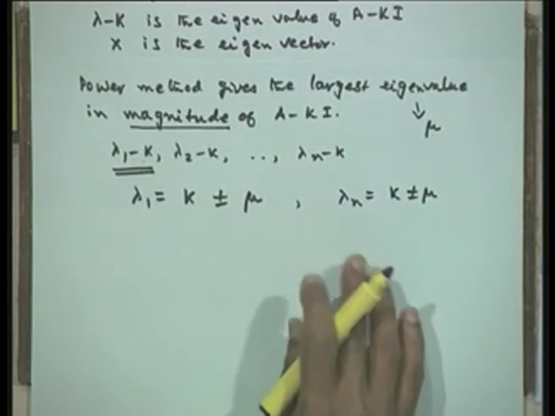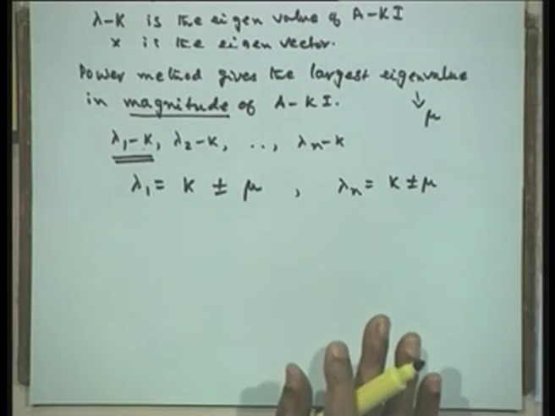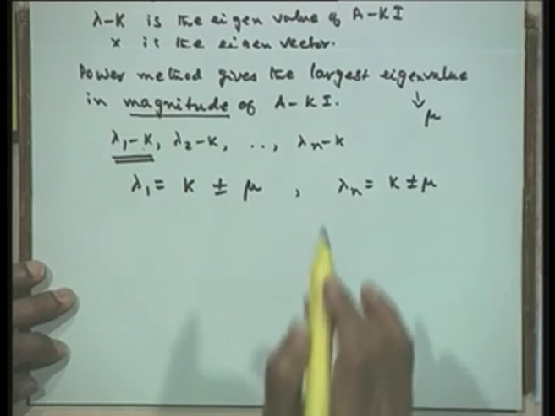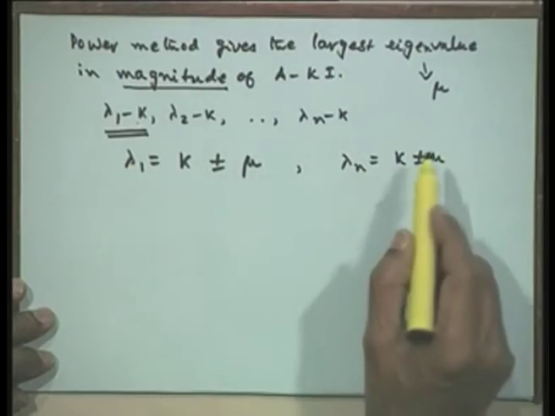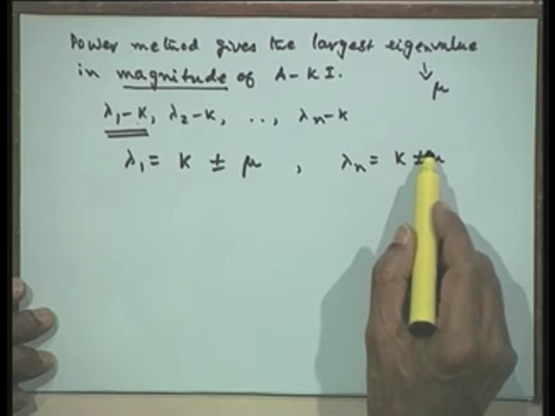Now, why I wrote only these two is that it has been shown that regardless of the value that we take for k, this power method would converge either to the largest eigenvalue or to the smallest eigenvalue only.